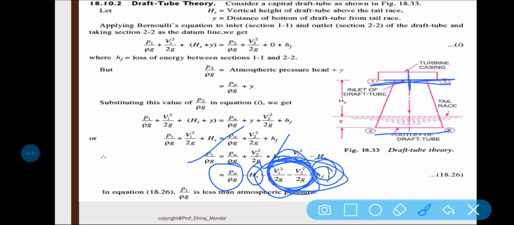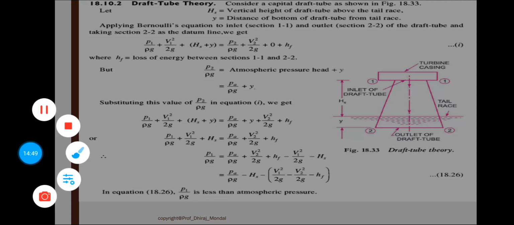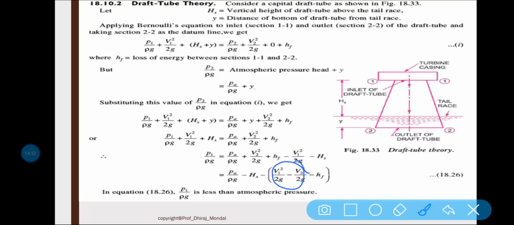V1 will be greater than V2 because the water is traveling. So this part will be positive, and this is your frictional loss. So as a whole this total part will be positive, and it is deducting from the atmospheric pressure head. Hs is also deducting.